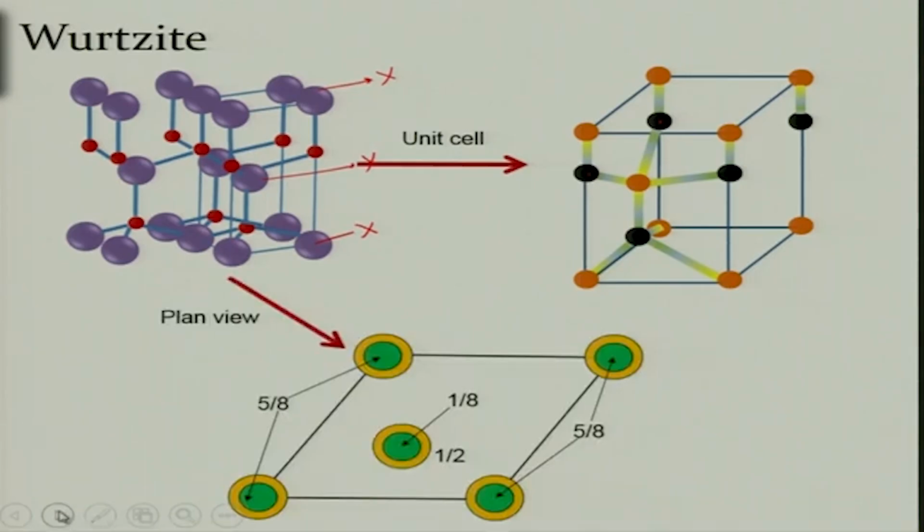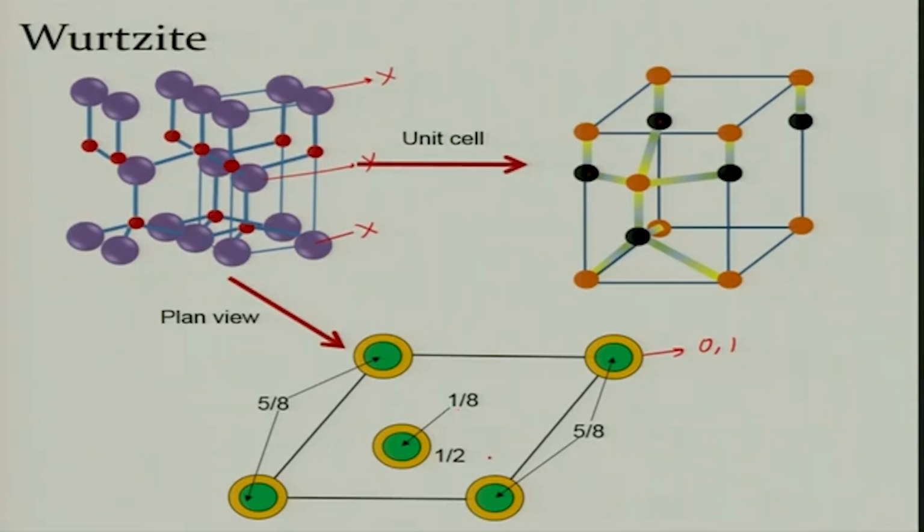And if you look at the plan view, this is how it is going to look. The orange ones are anions at 0. You have another anion sitting at the half position right in the middle of the unit cell, but then you have cations sitting at positions 5 by 8 along the C axis and another cation sitting at 1 by 8. So, 5 by 8 minus 1 by 8 will be 1 by 2, right. So, there is a displacement of half.